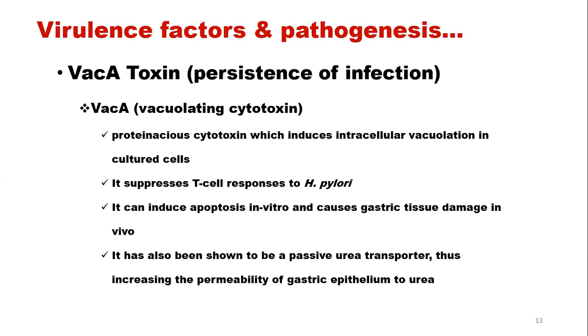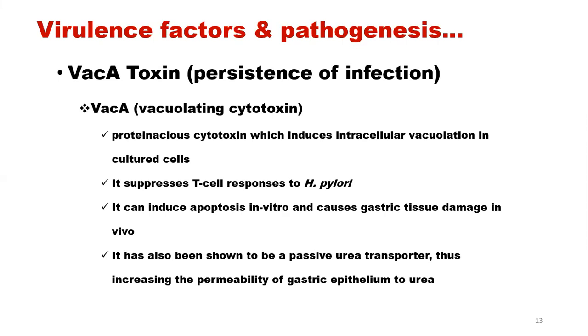It is a proteinaceous cytotoxin, and it induces intracellular vacuolation in cultured cells. It suppresses the T cell response to H. pylori, and it can induce apoptosis in vitro and causes gastric tissue damage in vivo. It has been shown to be a passive urea transporter, thus increasing the permeability of gastric epithelium to urea.